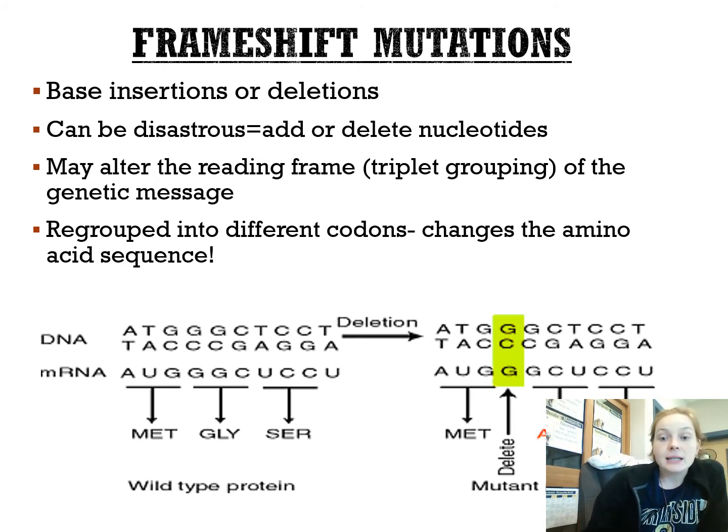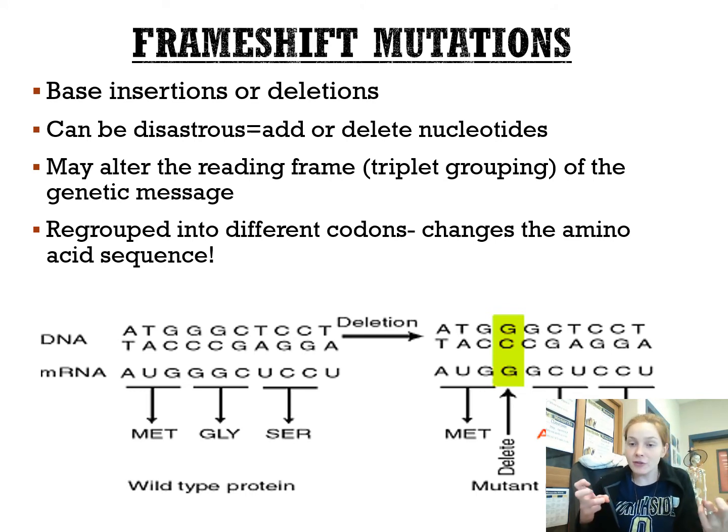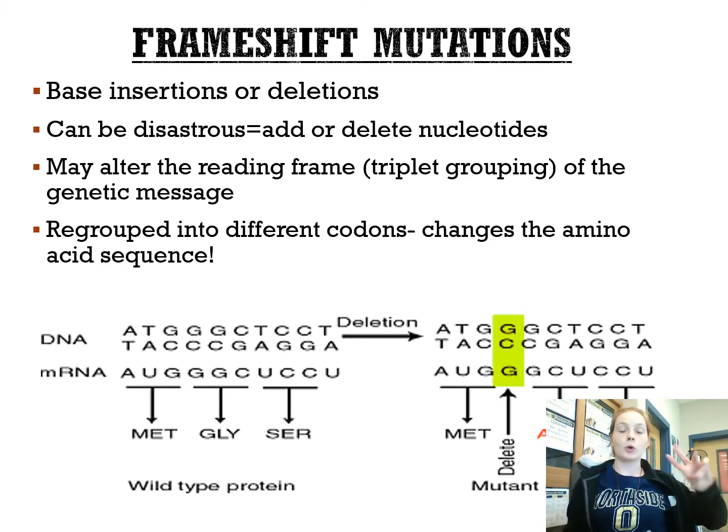That's going to get dangerous because it's going to change every single amino acid, or at least most of them, and your protein is definitely not going to be made correctly. So frame shift mutation is when you're shifting the reading frame, those groups of 3, those codons.